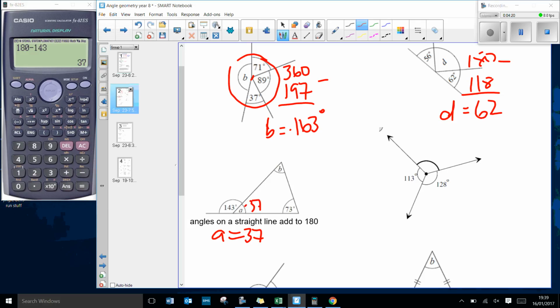We know that this is a triangle, and so these three angles, the 37, the 73, and B, add up to 180.